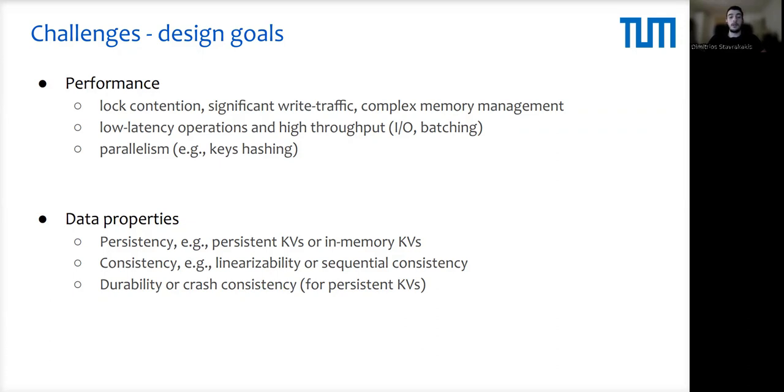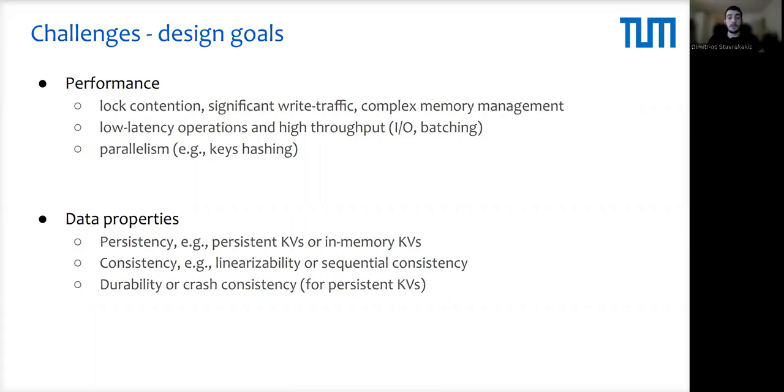Overall, the goal of a key value store is to offer low latency operation and have high throughput, which is heavily dependent on I/O. To this end, methods like operation batching can be examined and employed. Lastly, as we are talking about highly scalable systems, a key value store has to be designed in such a way as to promote parallelism and efficient resource utilization, for example, in the case of a multi-core instance.